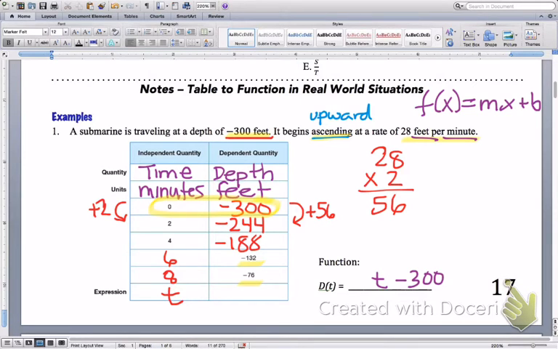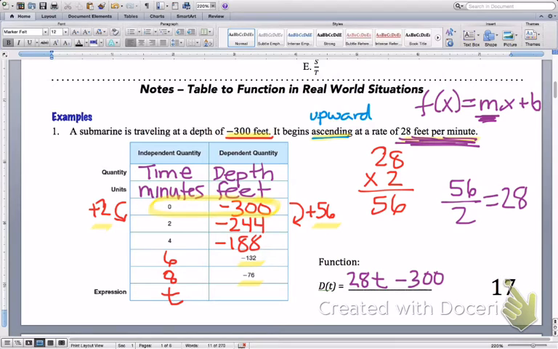And then my m value, which is my slope, output over input, is me dividing this number here with this number here. So 56 divided by 2, which is back to that 28 from earlier. So that's going to be my m value, or you could have just gotten it from here directly, 28 feet per minute.